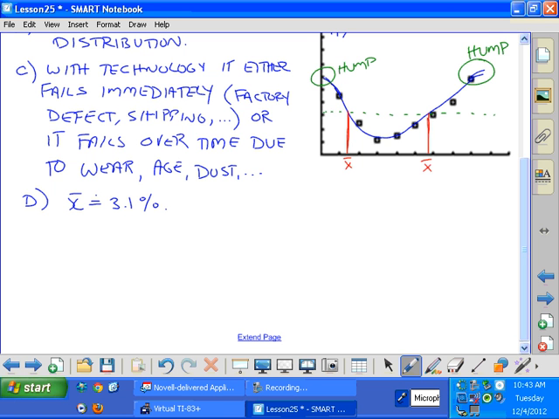So what we end up with when you have a bimodal distribution is 2 possible mean locations.